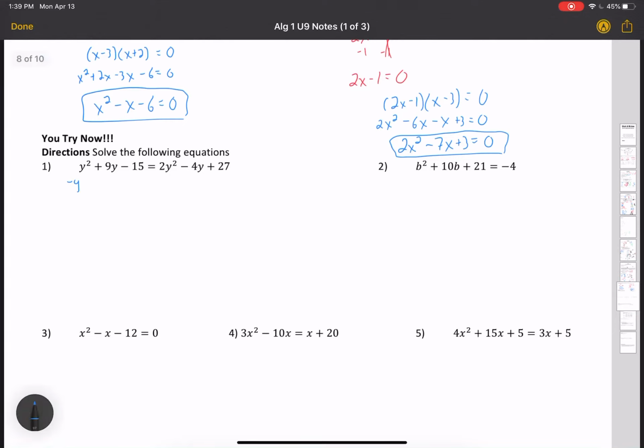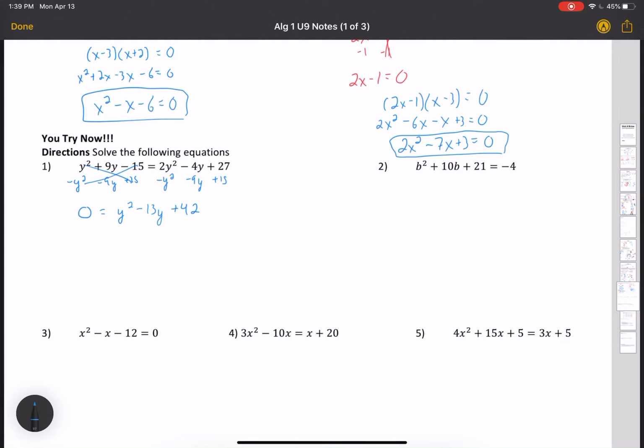So I'm going to subtract y squared. I'm going to subtract 9y, and I'm going to add 15. So that's going to give me 0 on the left-hand side, and the right-hand side is going to be y squared minus 13y plus 42. Okay?